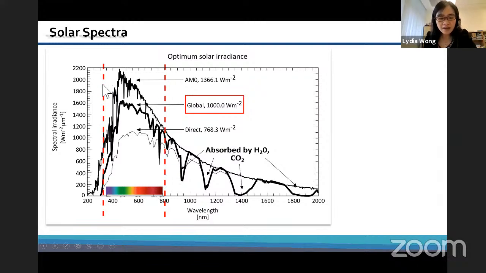This is the region with the most number of photons. The higher the curve, the higher the number of photons. So if you can design your solar cell in such a way that you can absorb most efficiently within this 400 to 800, then you will optimize the solar cell absorption.